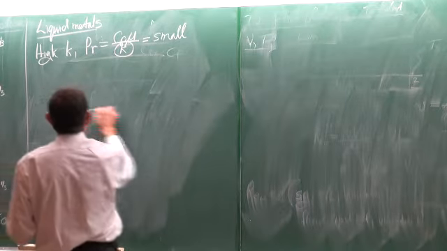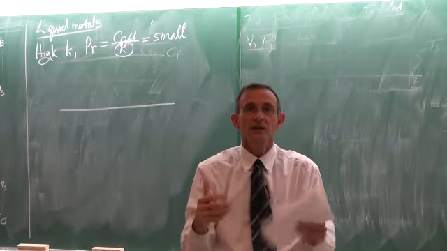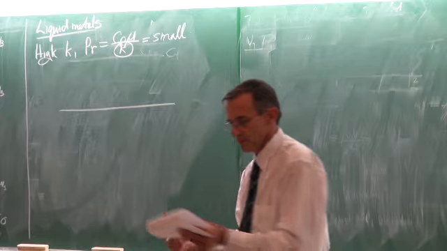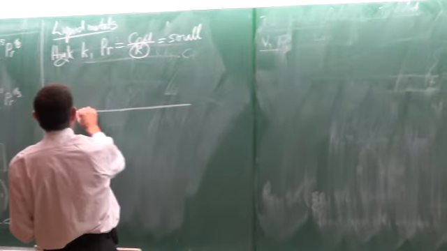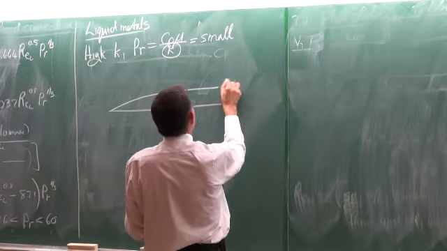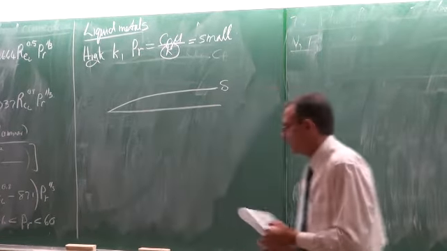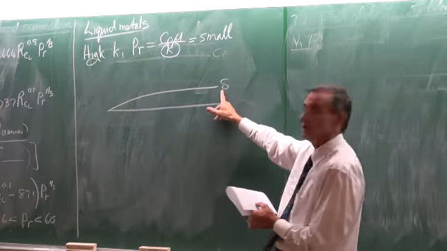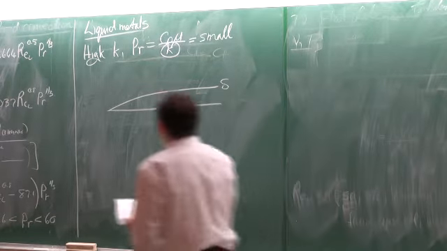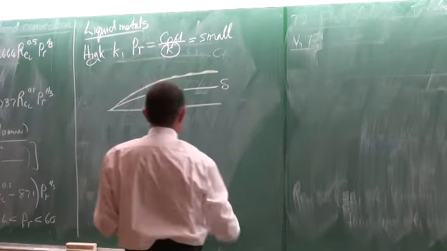What does that mean in terms of the boundary layer theory that we've looked at in the previous chapter? It would mean that the velocity boundary layer would typically do something like that, and the thermal boundary layer would do that.